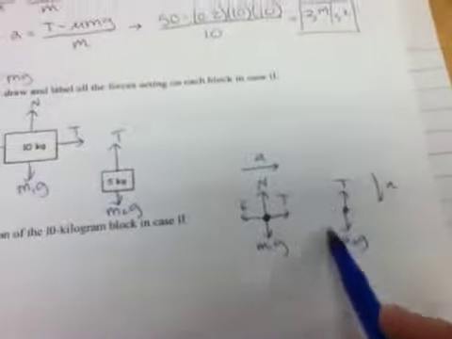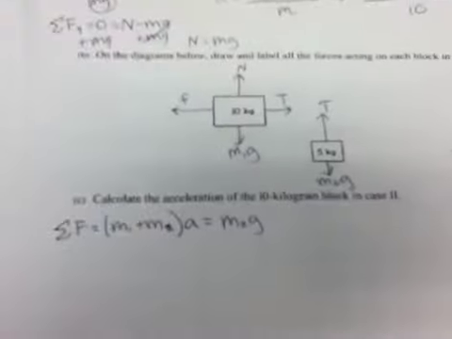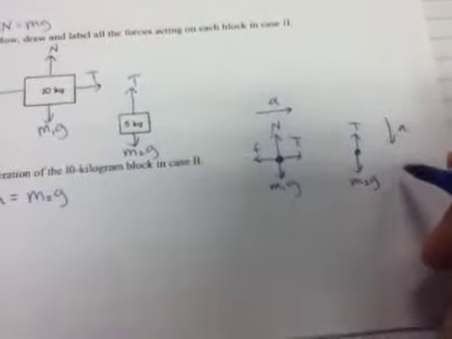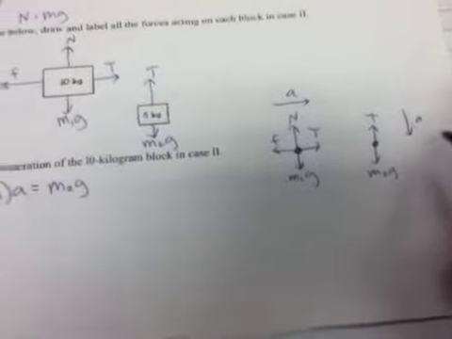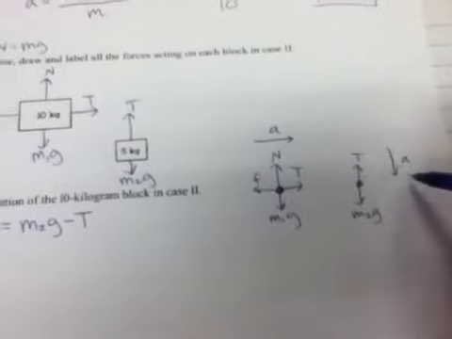So starting with this block right here, we've got the m2g. It really doesn't matter what block you start with, by the way, but I always find it easier to start with the one that's headed in the same direction as the acceleration first. But anyway, minus the t because it's going opposite of the acceleration.